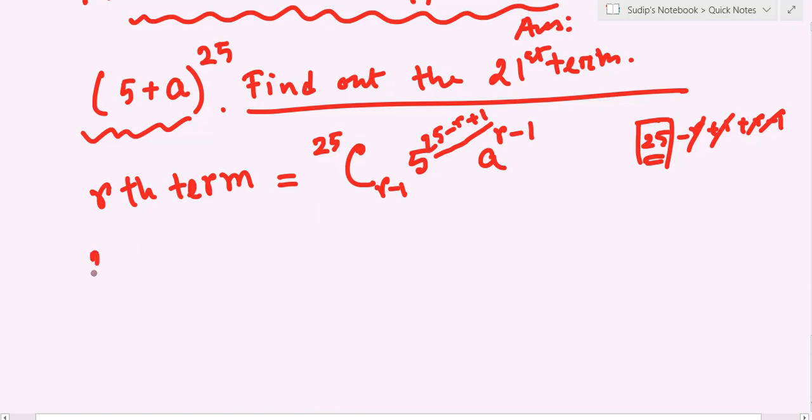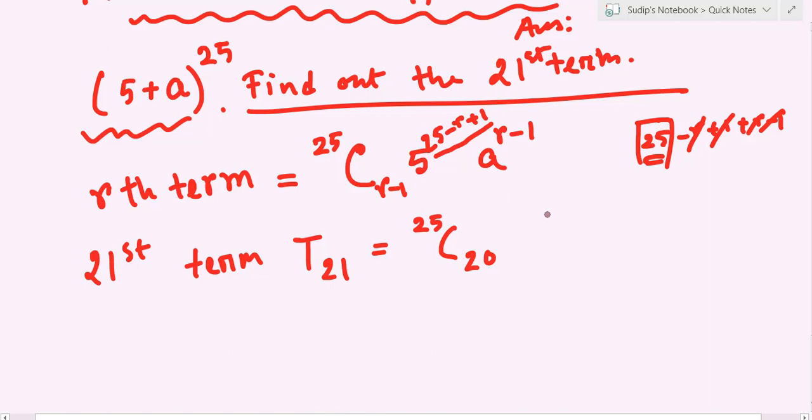So the 21st term, let us say T21, is 25 C 20, as r minus 1 will be here.